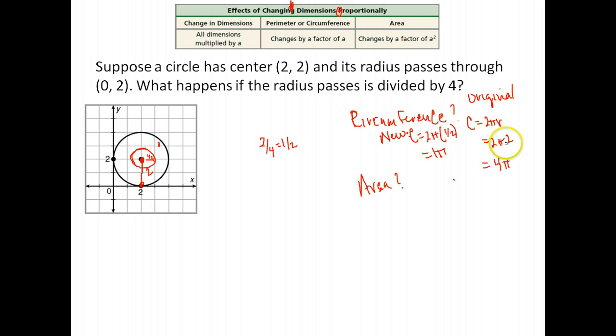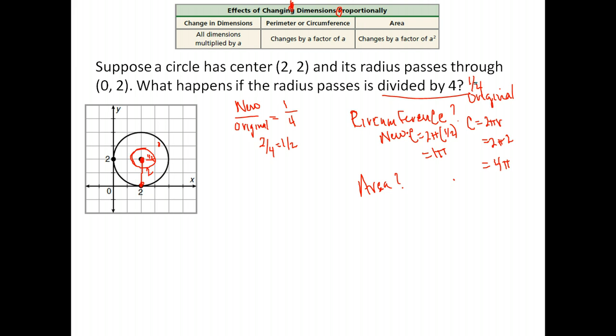Okay, so what happened to our circumference? Our original was 4 pi, and our new one is 1 pi. If you want to look at the effect, you take the new size divided by the original. Our new was 1 pi, and our old one was 4 pi. It's 1/4 what it used to be, which is exactly what dividing by 4 is.